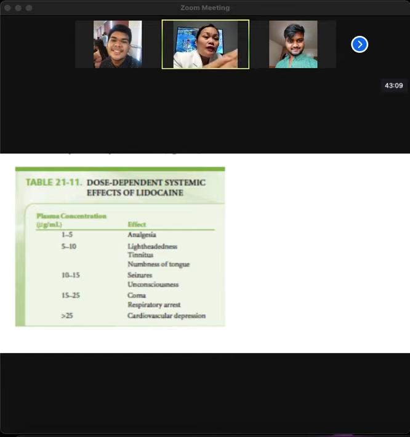However, if you go beyond 10 to 15, you will see seizures and loss of consciousness. And then up to 15 to 25, you'll see coma and respiratory arrest. And then if more than 25, then you will have cardiovascular depression. So mamamatay yung pasyente dahil lang sa toxicity. That's why you have to compute.